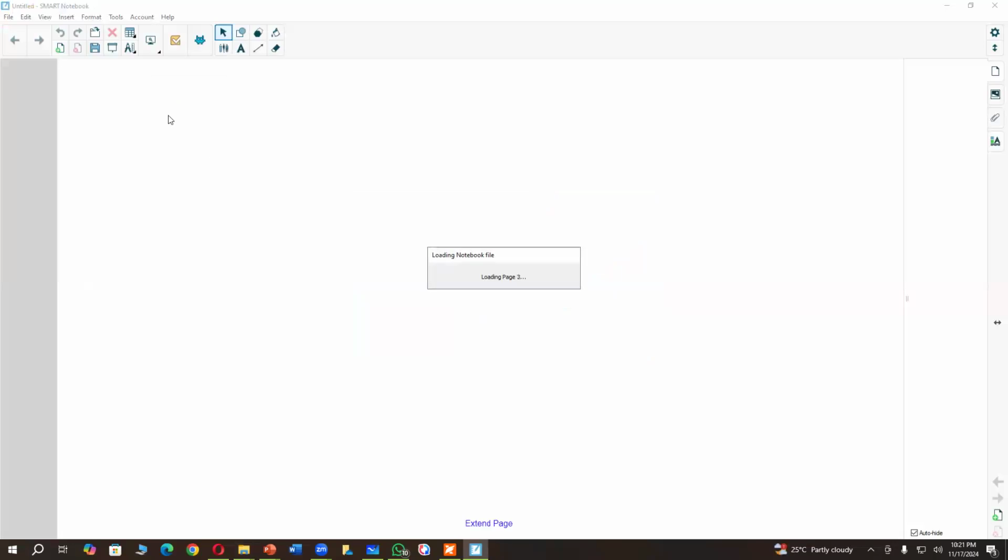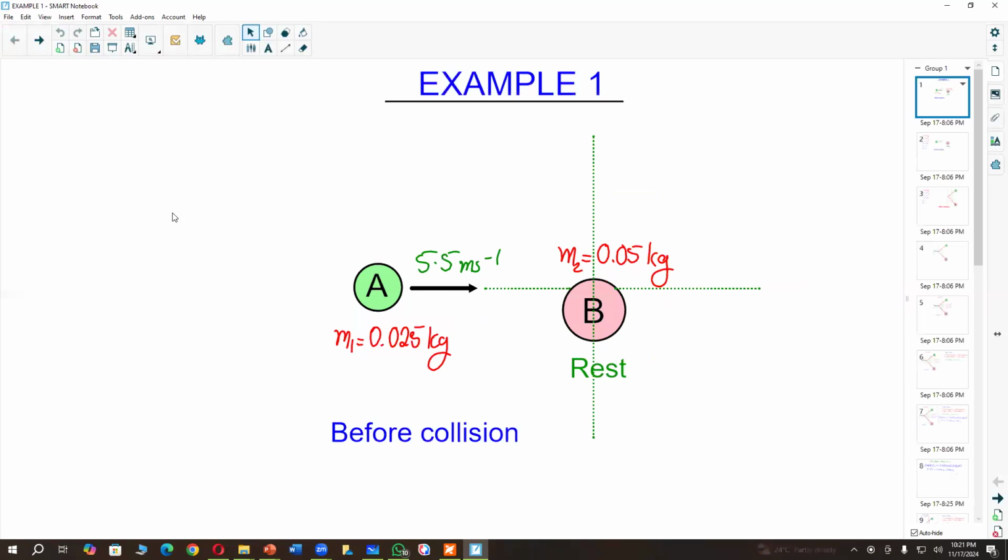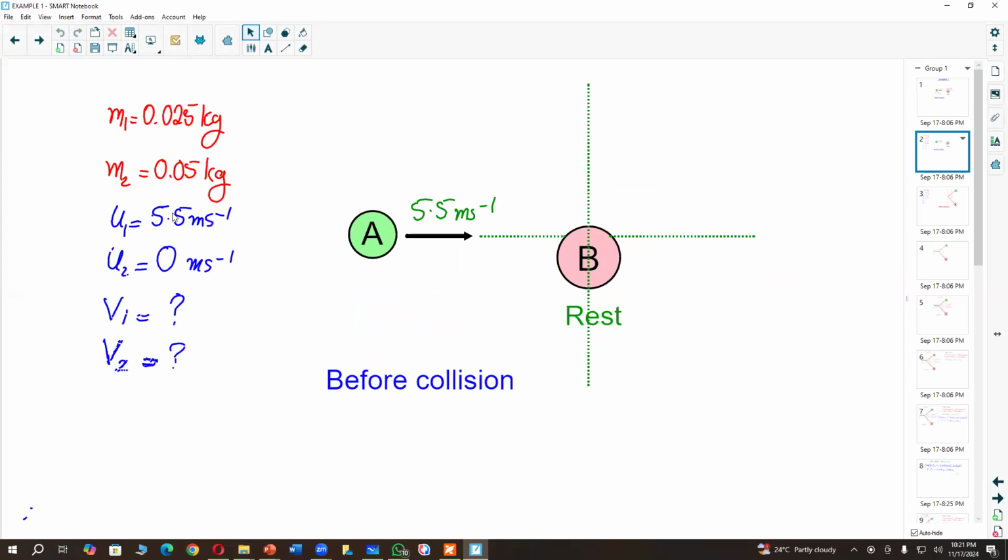So we are making the data together. You have to make a rough drawing, and I'm starting with some of the working here. Look, this is the object coming towards the other object. The second object is at rest. I have made the data M1, M2, U1, U2, V1, V2 is question mark. Now you have to read the question, make the data, and make a diagram.